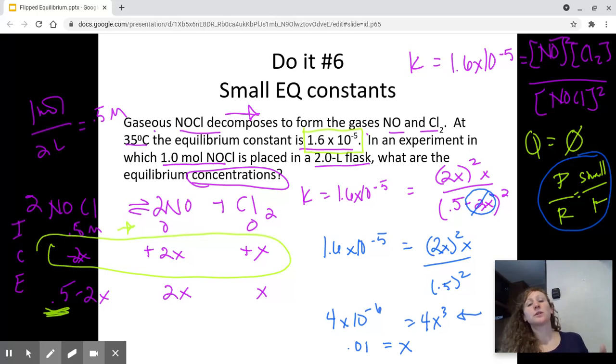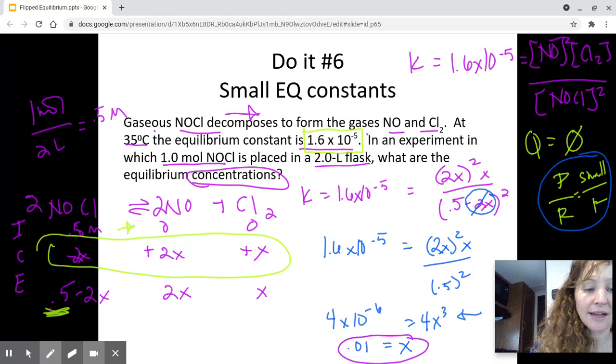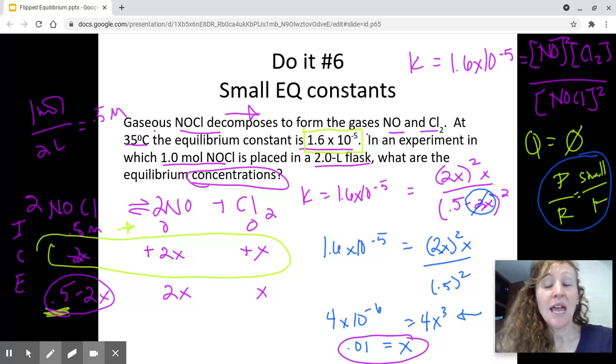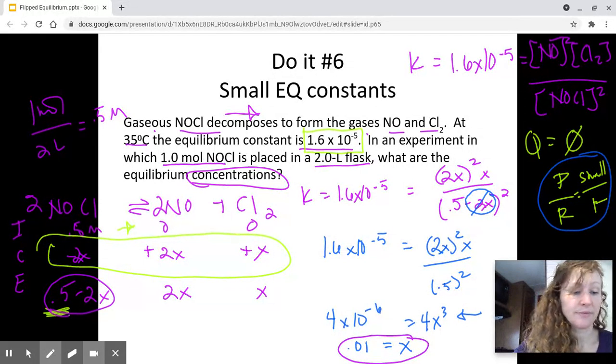And your book will talk about a 5% rule. So once you get x down here, what you want to do is compare x back up here. And if the answer with the approximation is within 5%, then you can make this approximation.